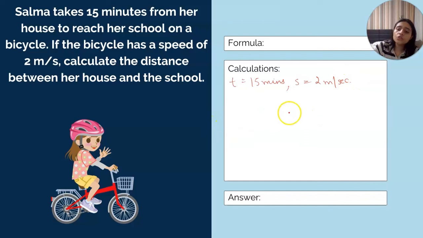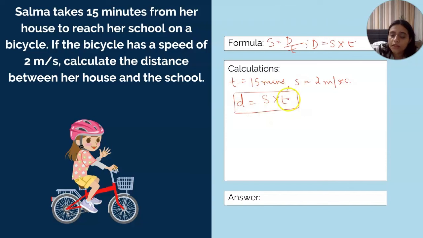All right. So what we are going to do first, we need to calculate the distance here. So you already know from this root formula, that is speed equals distance upon time. We need to know the value of distance. So distance equals speed multiplied by time. So our formula is speed multiplied by time. Now you just need to put the values in it.